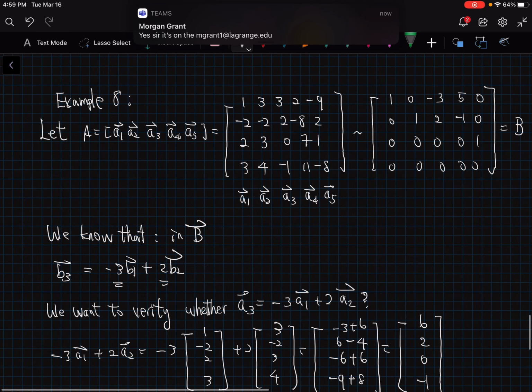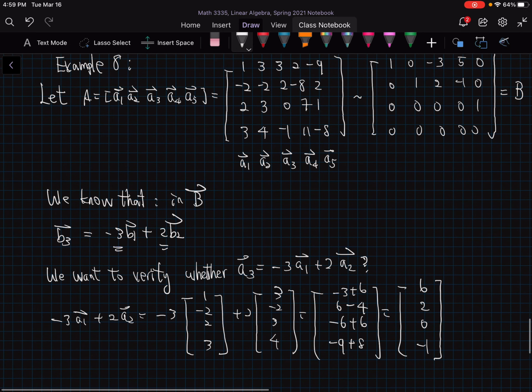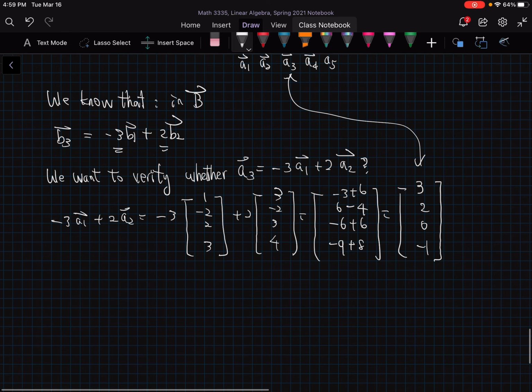You can see that this is exactly A3. Obviously it's easier to find how B3 depends on B1, B2 than how A3 depends on A1, A2. If you look at the reduced echelon form, it's easier to figure out the linear combination.